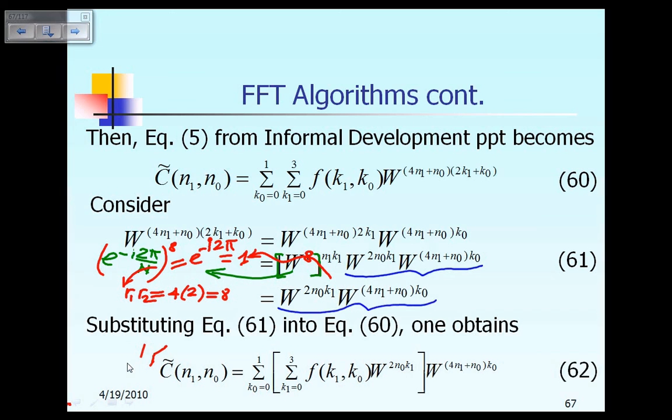So now, with that much in mind, equation number 60, we can rewrite it in a different simplified form. Like for example, in equation 60, on the left hand side you have c tilde n1 comma n0. That term is here on the left hand side. On the right hand side you have summation on k0 going from 0 to 1. That term is here.